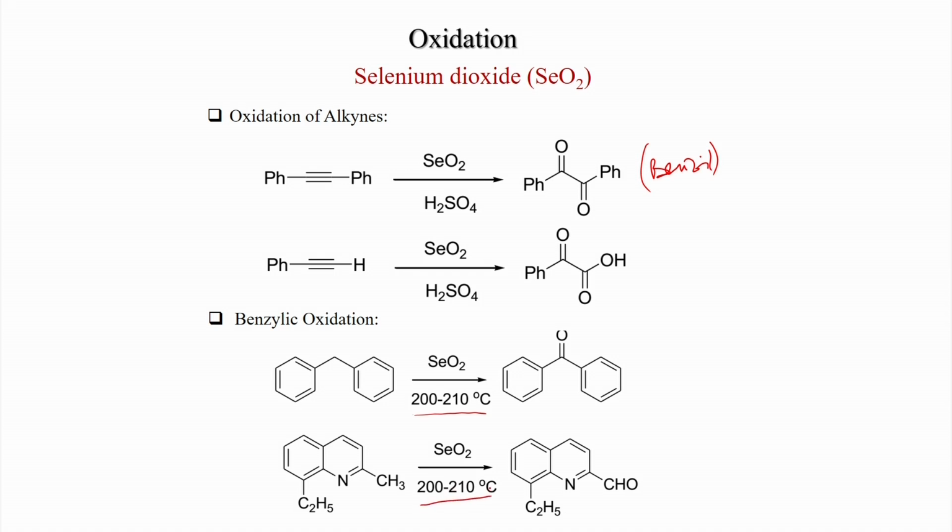Under this condition you can oxidize the benzylic group. We have seen that with DDQ, even with CAN, but here selenium dioxide can also oxidize benzylic carbon to a keto group. So here benzophenone is forming, and here this methyl group is getting oxidized to the aldehyde group under selenium dioxide conditions.